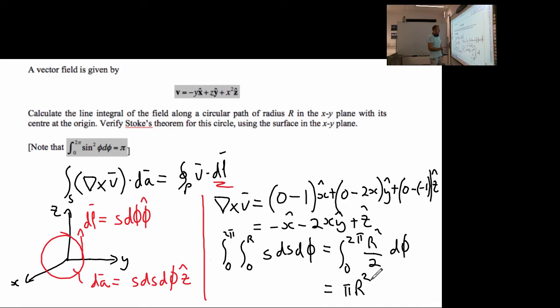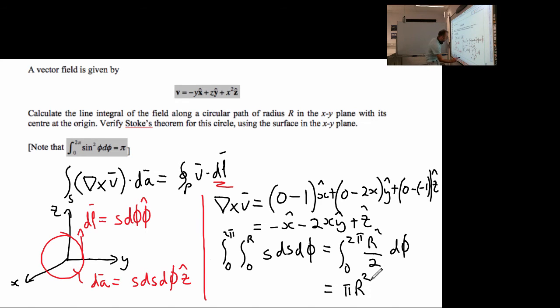Now we must do the second side of Stokes' theorem. And in order to do the second side, since our line element is going to be in the phi hat direction, we need to write v in cylindrical coordinates. Okay, now let's just see how we're going to do this.